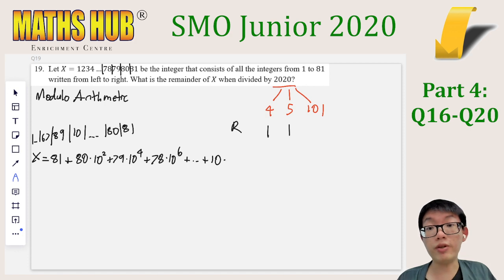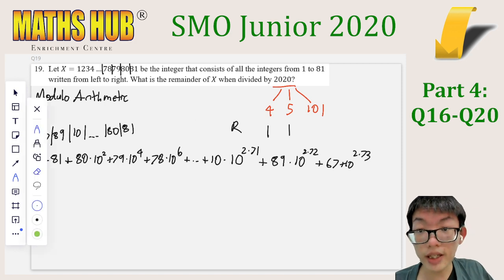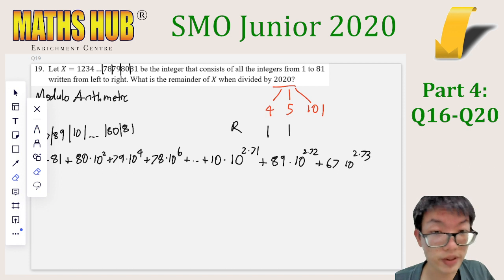10 would be going back 71 steps. So it would be 10 times 10 to the power of 2 times 71. And then after that, it would be 9 times 10 to the power of 2 times 72, then 89 followed by 67. Sorry, that shouldn't be a plus, that should be a times. So let me correct that.